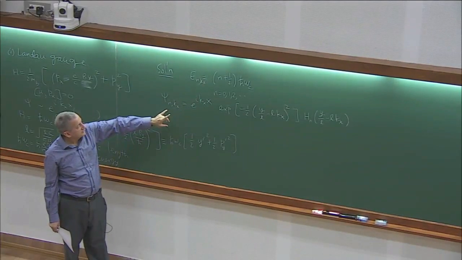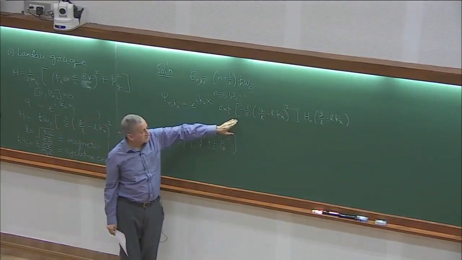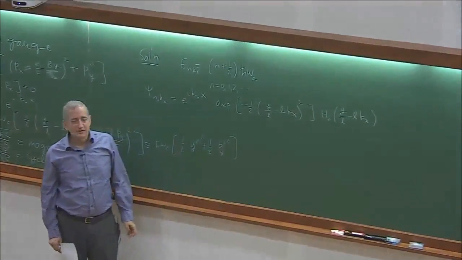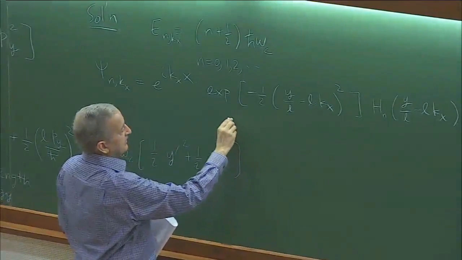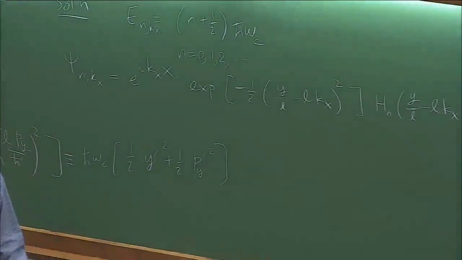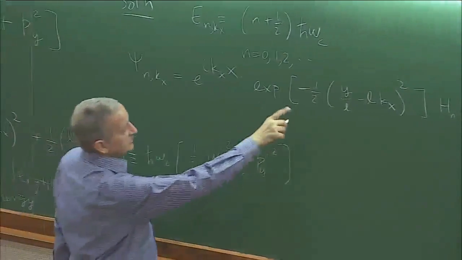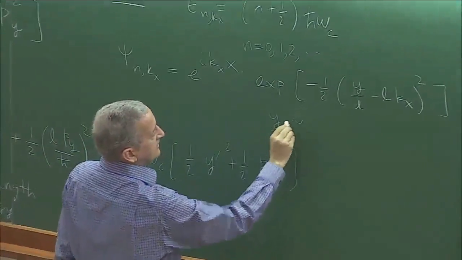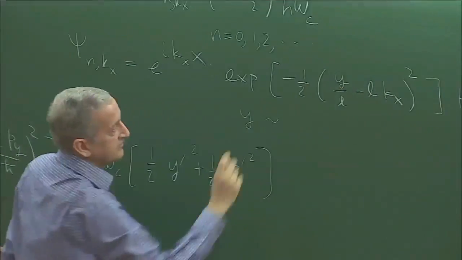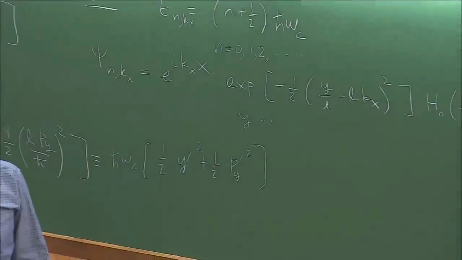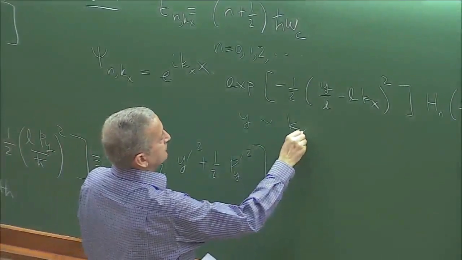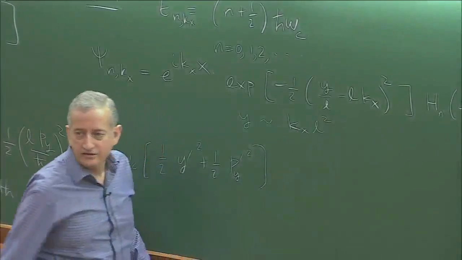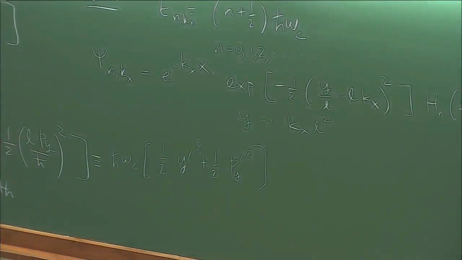Moreover, you find that the position of the wave function depends on kx, because there is this Gaussian factor, and from this Gaussian factor, if I fix the value of kx, then we know that it's localized somewhere where the argument of the exponential is 0, and that is when y is equal to kx L squared.